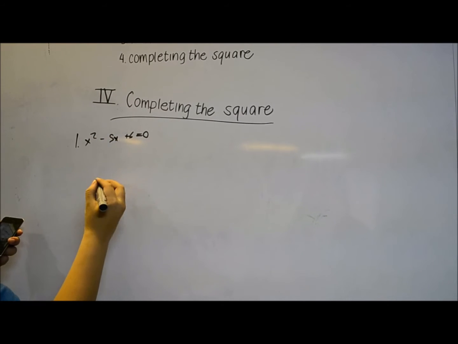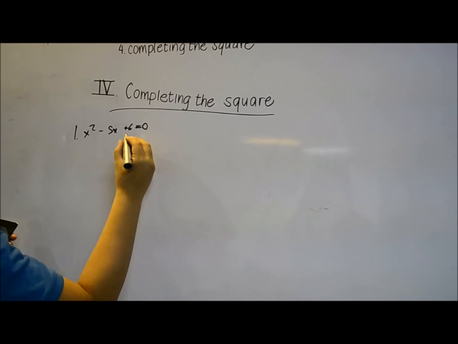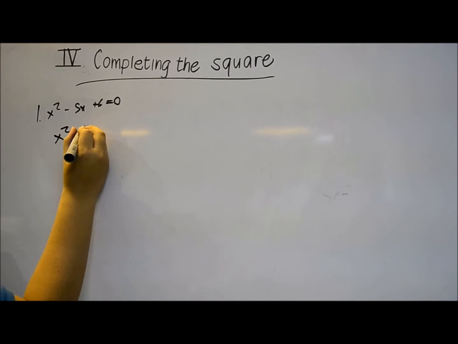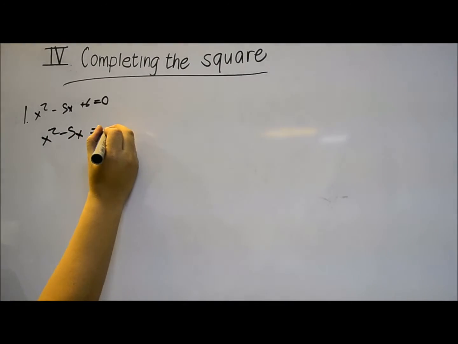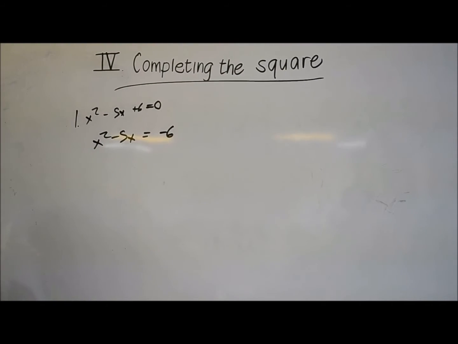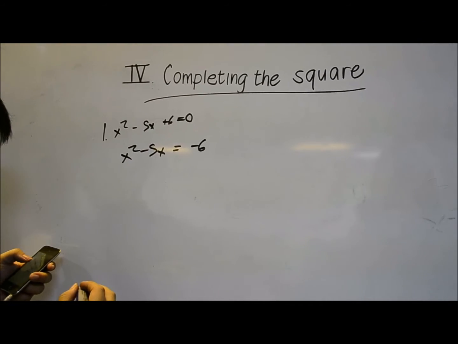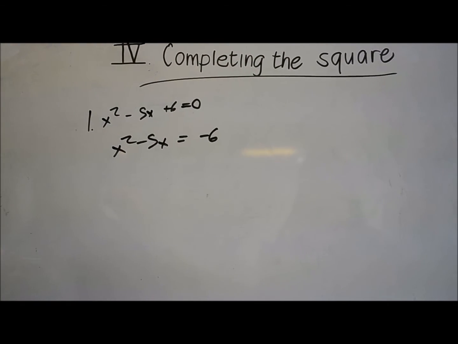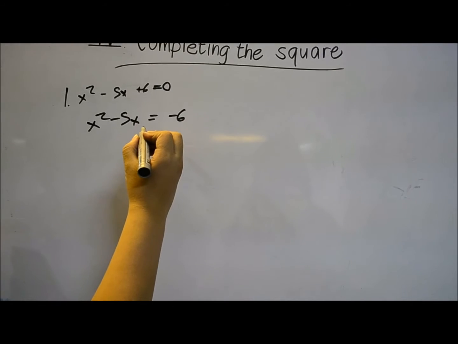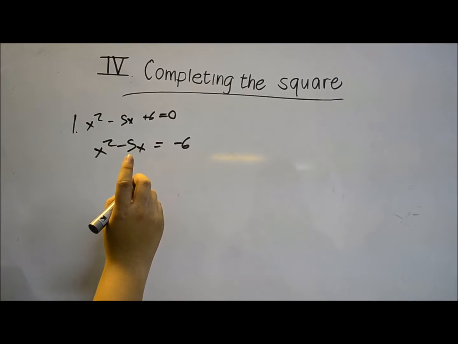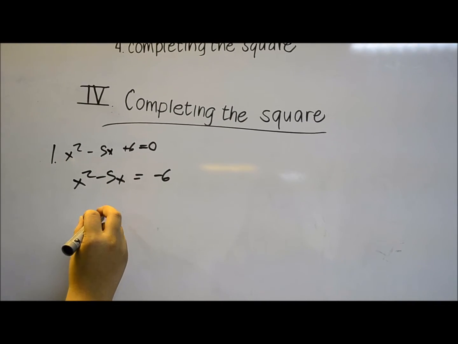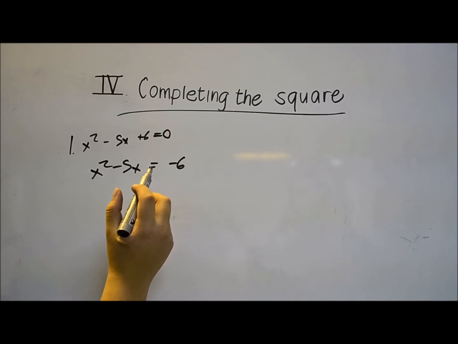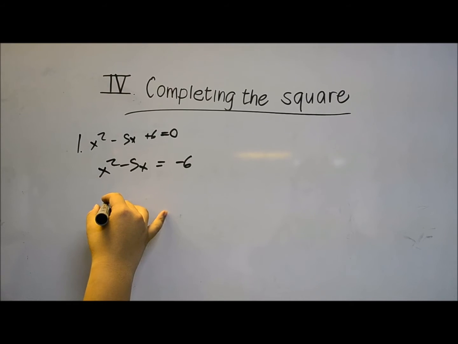First thing that we need to do is to transpose the constant positive 6 to the other side of the equation. We will have x squared minus 5x equals negative 6. And the next thing that we need to do, since this is about completing the square, is to complete the left side of the equation.